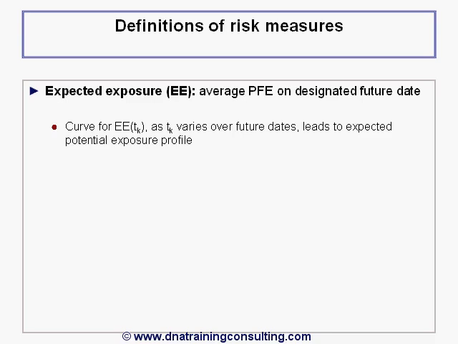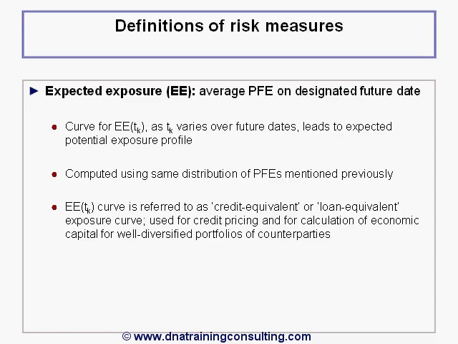Expected exposures are computed using the same distribution of PFEs mentioned before. The EE(T) curve is referred to as the credit equivalent or loan equivalent exposure curve and is used for credit pricing and for the calculation of economic capital for well-diversified portfolios of counterparties.